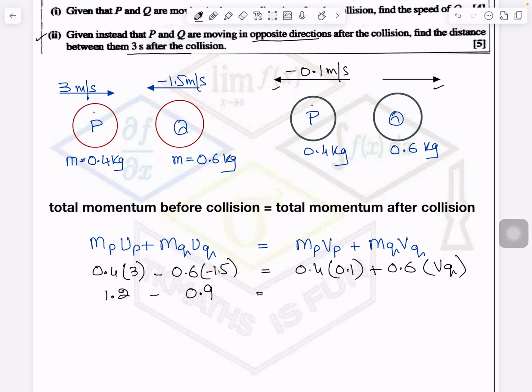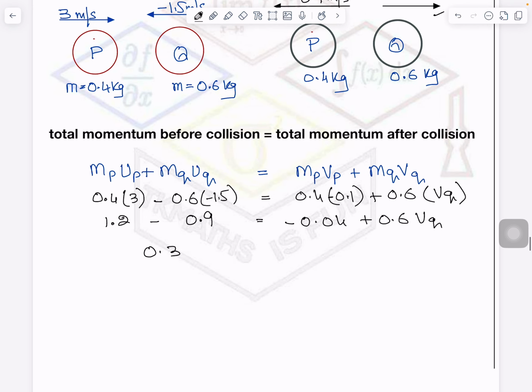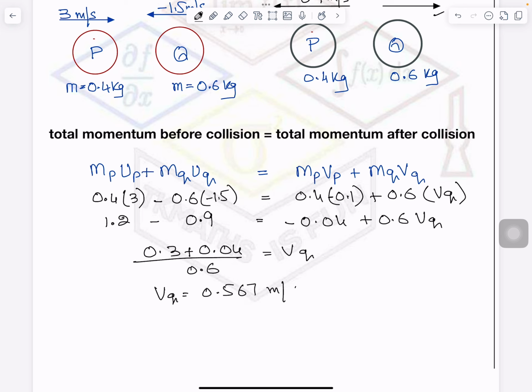So this will be minus 0.1 and the rest will remain the same. So this is 0.3, this is minus 0.04 plus 0.6 times the velocity of Q, and now you can solve it. I have found the velocity of Q as 0.567 meters per second.